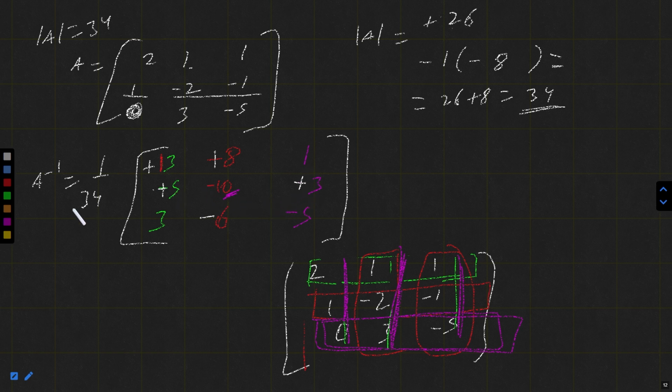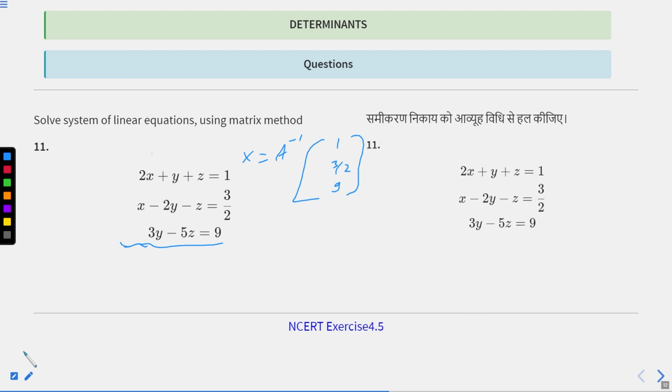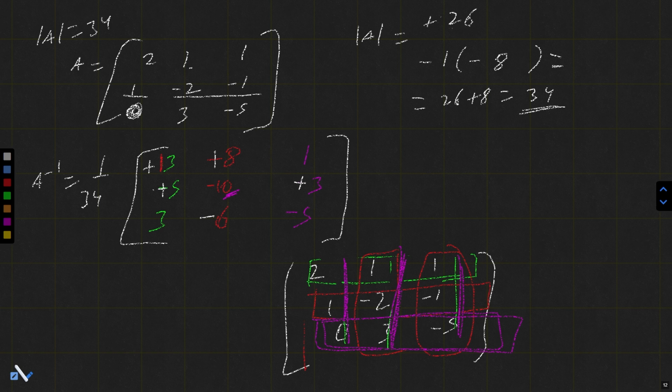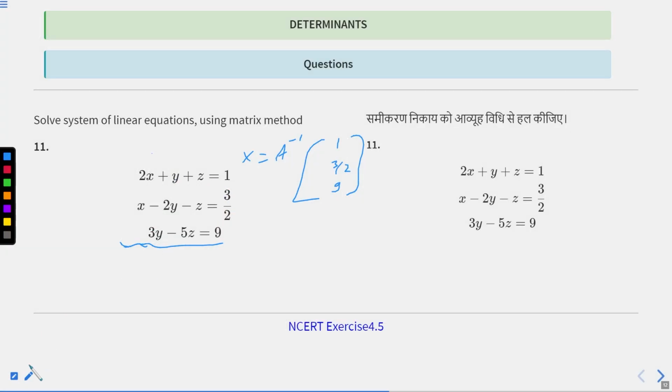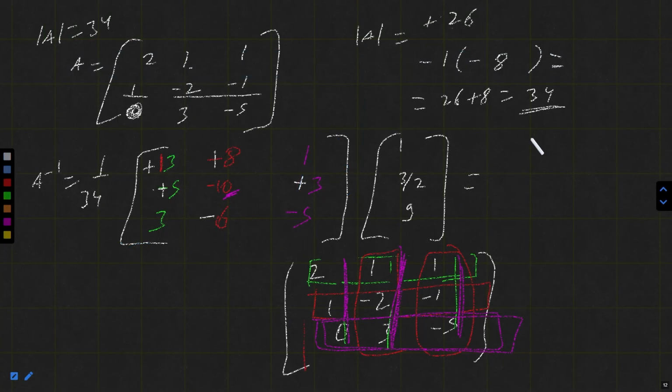Now this will be your A inverse. Now what will I do? A inverse multiplied with this thing. So A inverse times 1 3 by 2 9. I am directly writing over 1 3 by 2 9, that's what is written over here. So just multiply it. What will I get? 1 by 34.